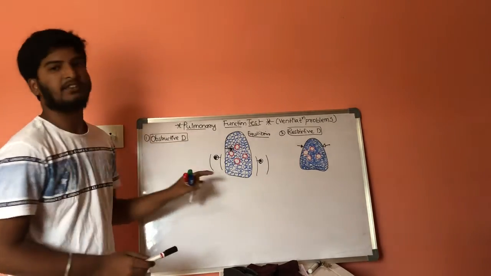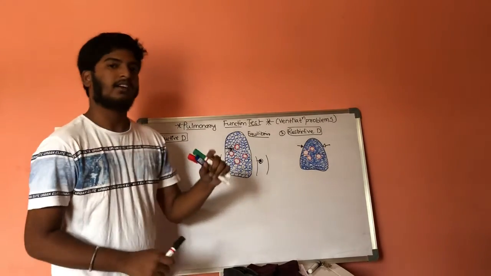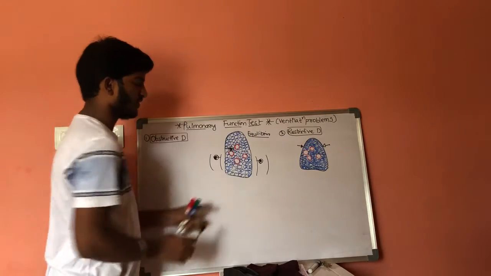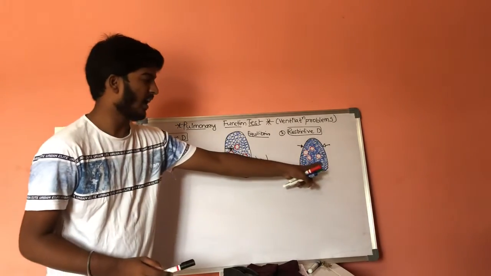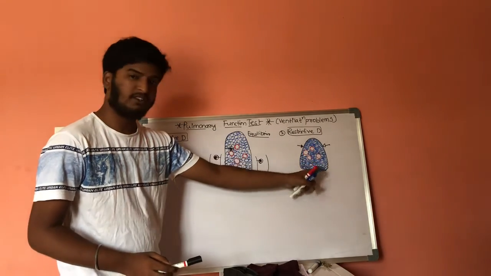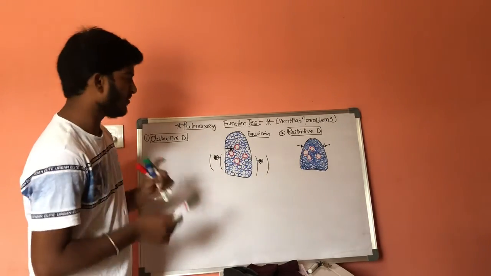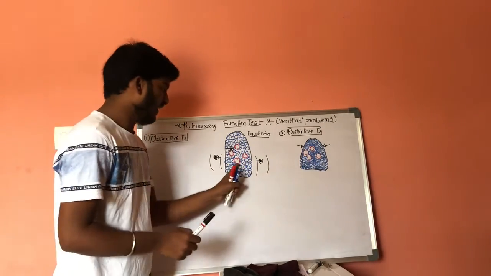In obstructive disorders, there is a defect in the airways, and there is no defect in the alveoli or any fibrin material or parenchymal cells. There is only impairment in the airways.